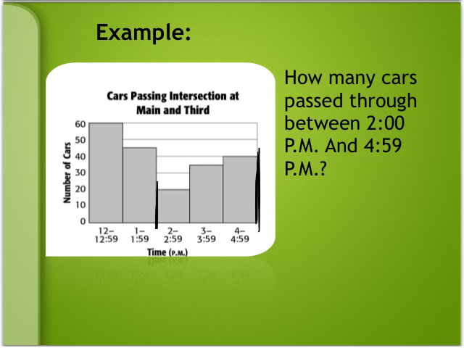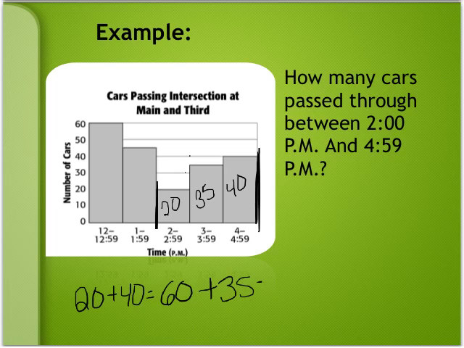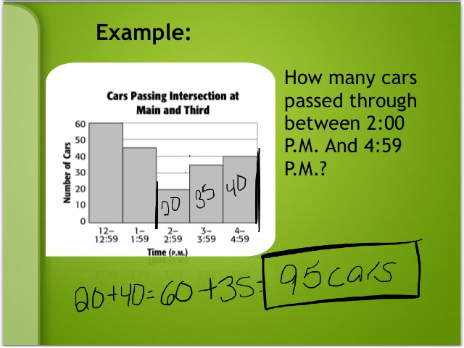So from 2 to 2:59, we have 20 cars. From 3 to 3:59, we're in between 30 and 40, so that means it's 35. And from 4 to 4:59, we're at 40. So I'm going to add those up. 20 plus 40, I know, is 60, and 60 plus 35 equals 95 cars. And that's the answer.